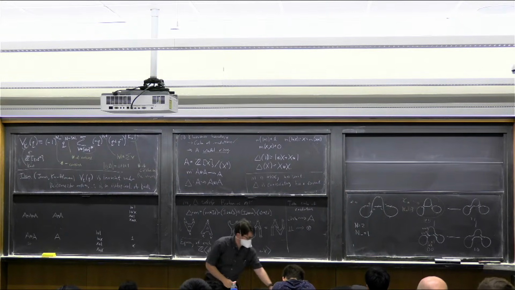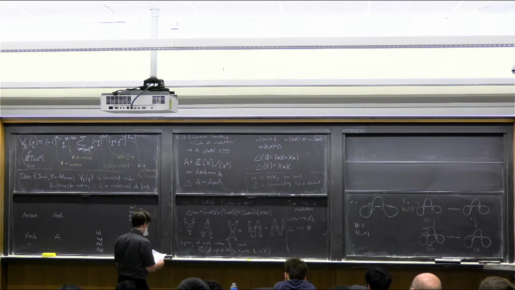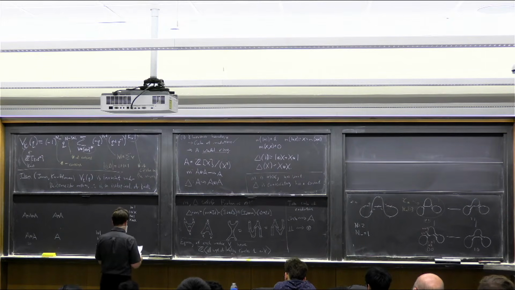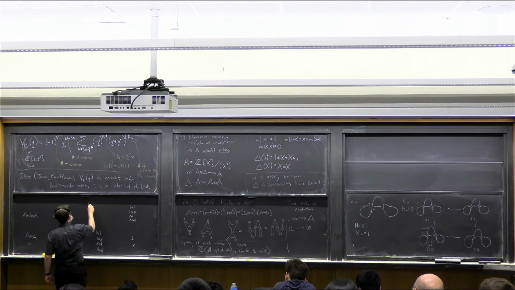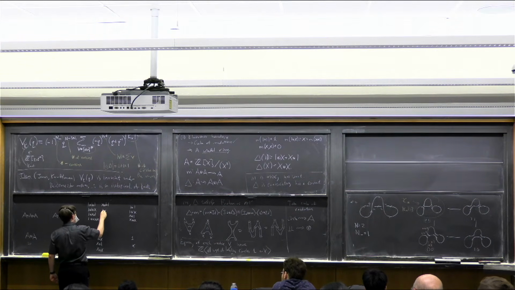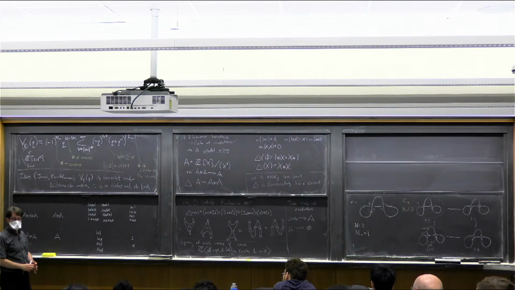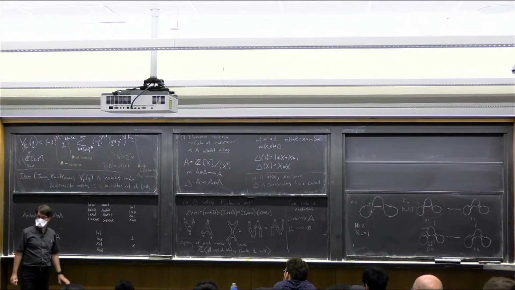And just in case it helps in a moment, I'm going to try to be consistent with my notes in order of writing things. 1 tensor 1 tensor 1, 1 tensor 1 tensor x, 1 tensor x tensor 1, 1 tensor x tensor x, x tensor 1 tensor 1, x tensor 1 tensor x. I apologize for making you watch this. x tensor x tensor x. These are the basis for my abelian group at each vertex.